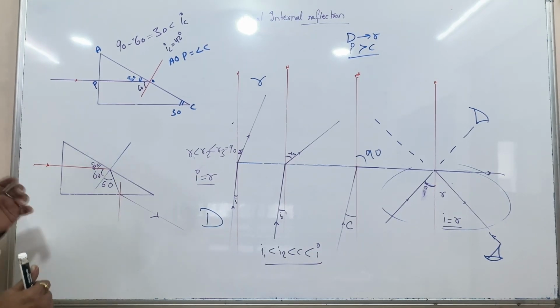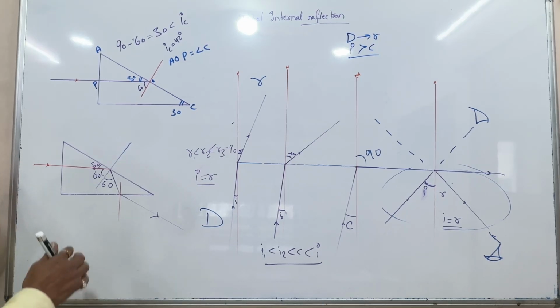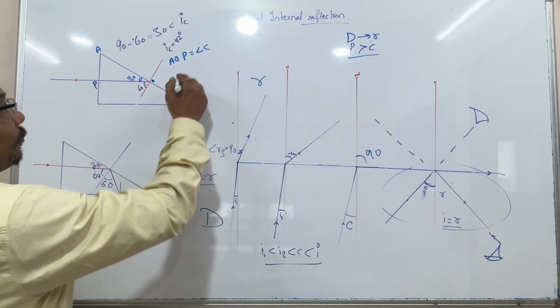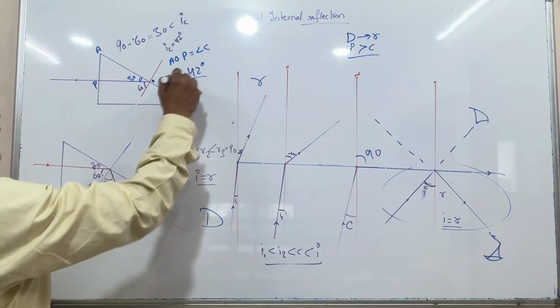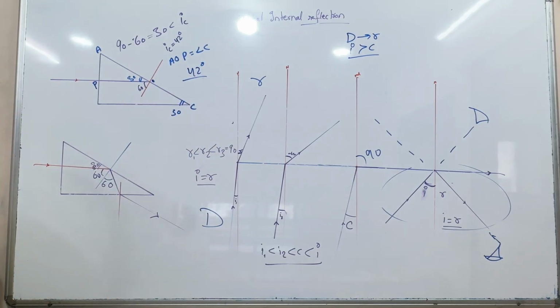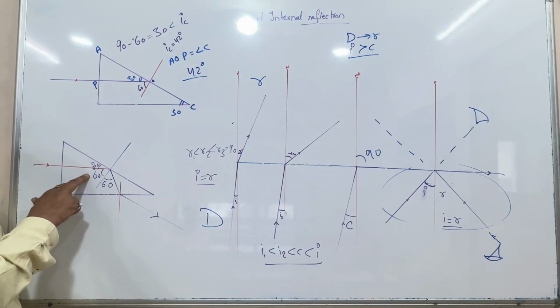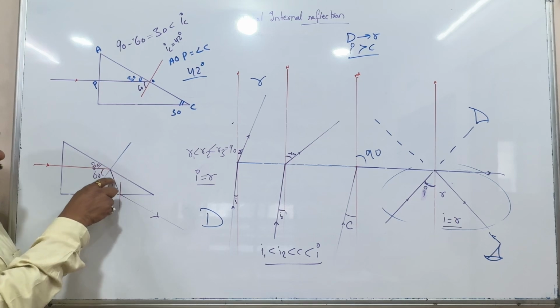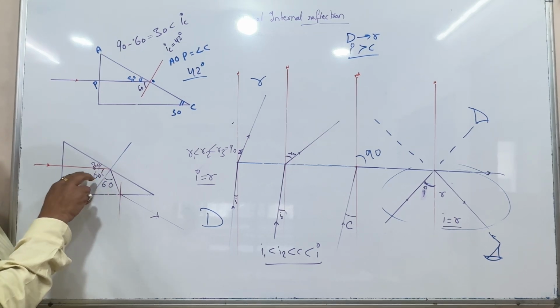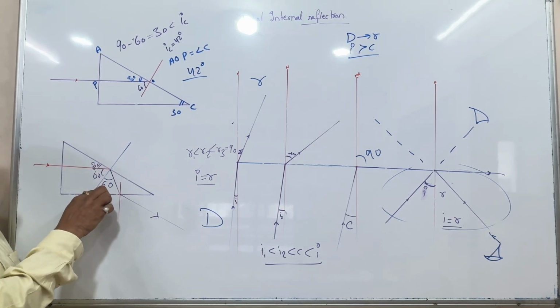Now, if the light is coming and its critical angle is given as 42 degrees, when the angle of incidence is greater than 42 degrees, it will suffer total internal reflection and reflect back into the same medium. So it is 60 degrees.